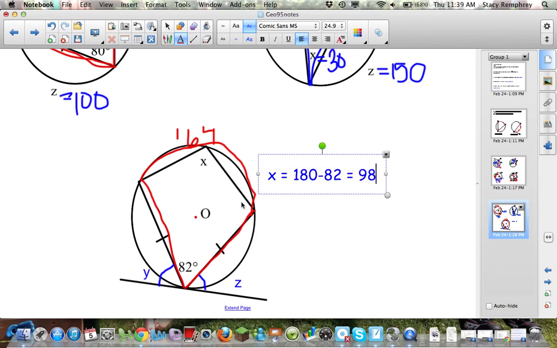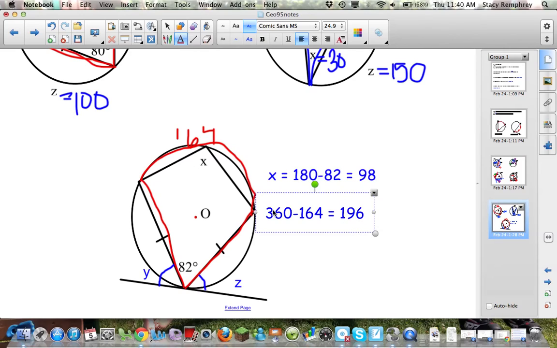Now, to get Y and Z, I'm going to have to work with the arcs. Again, equal chords. So I'm going to do 360 minus 164. That should give me 194? 196? Hold on, I probably did that one wrong.